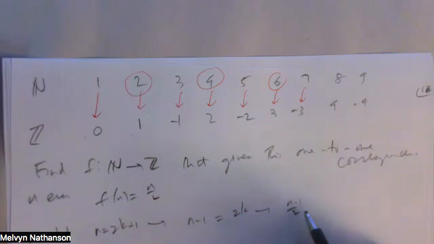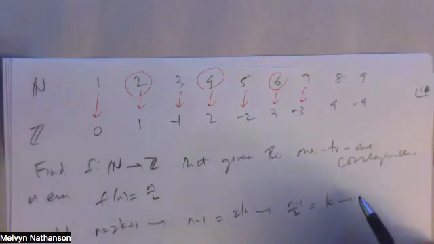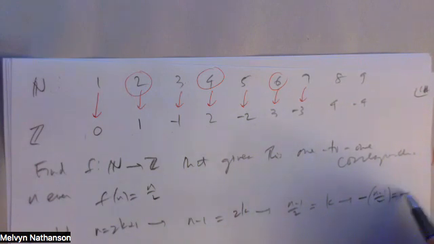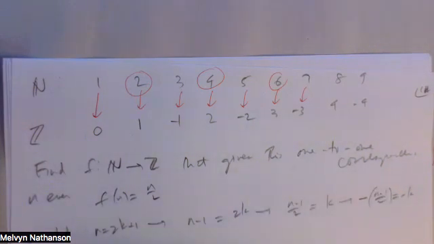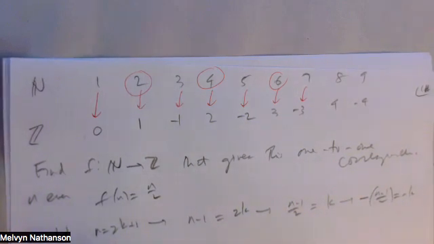So n minus 1 over 2 would be k. And so minus n minus 1 over 2 would be minus k. Let's see if it works. So suppose for n odd, we define f of n to be minus n minus 1 over 2. That's just 1 minus n over 2.